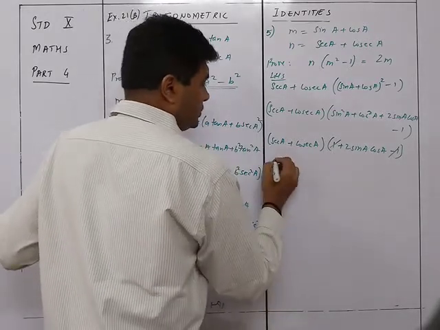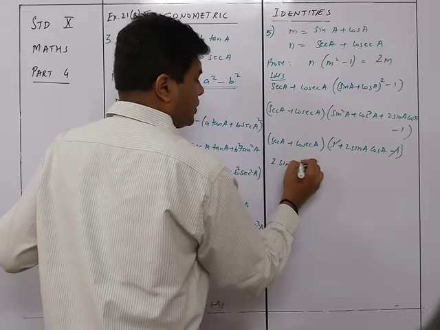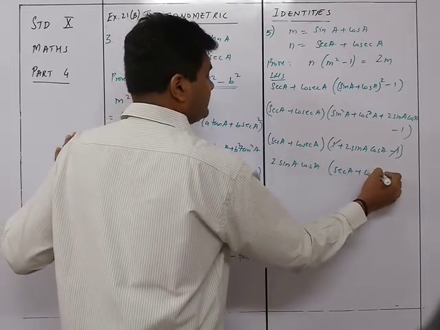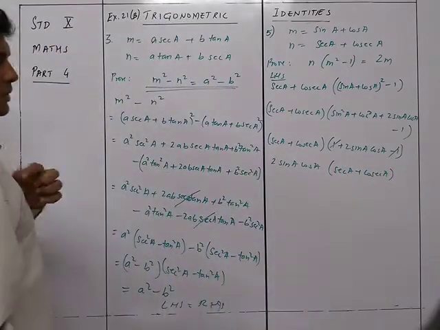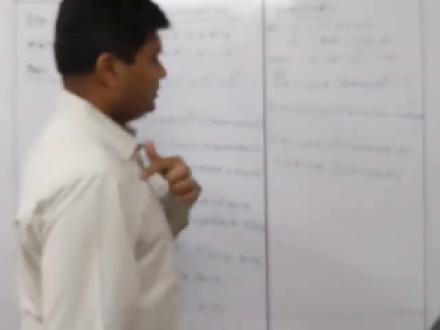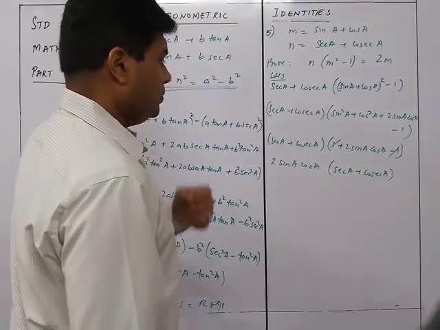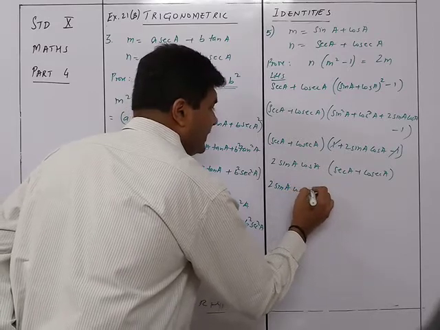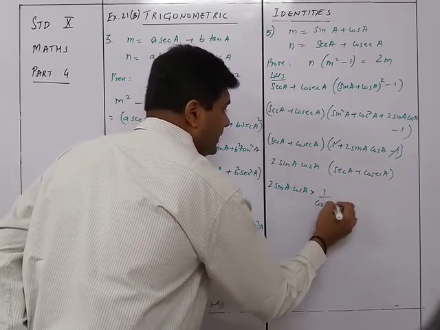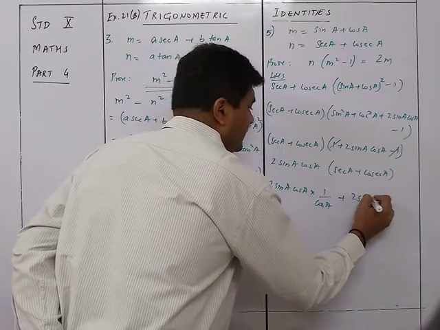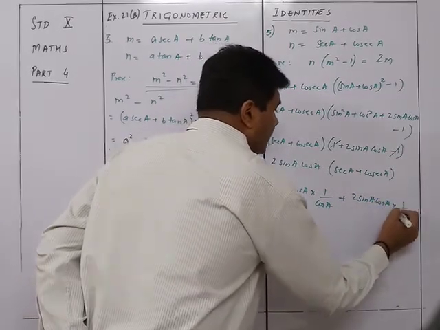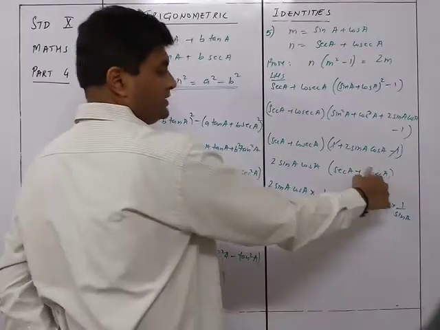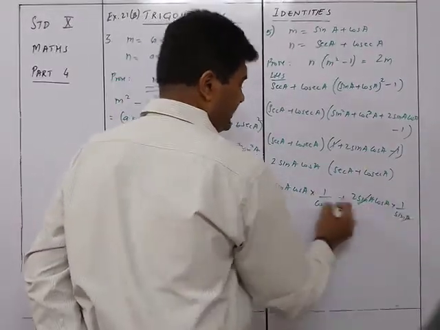So you get over here 2 sin A cos A into (sec A plus cosec A). We now need to multiply, so it will be 2 sin A cos A into 1 upon cos A plus 2 sin A cos A into 1 upon sin A. This is 1 upon cos A, this is 1 upon sin A. This sin goes, this cos goes.